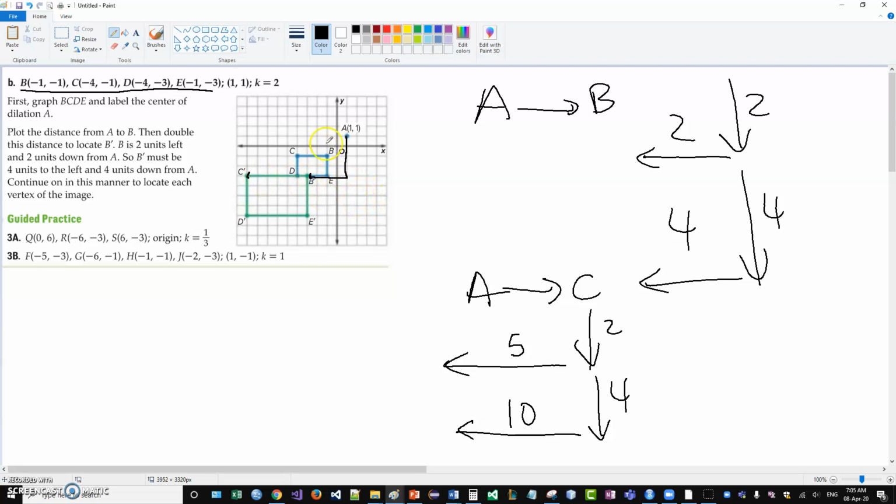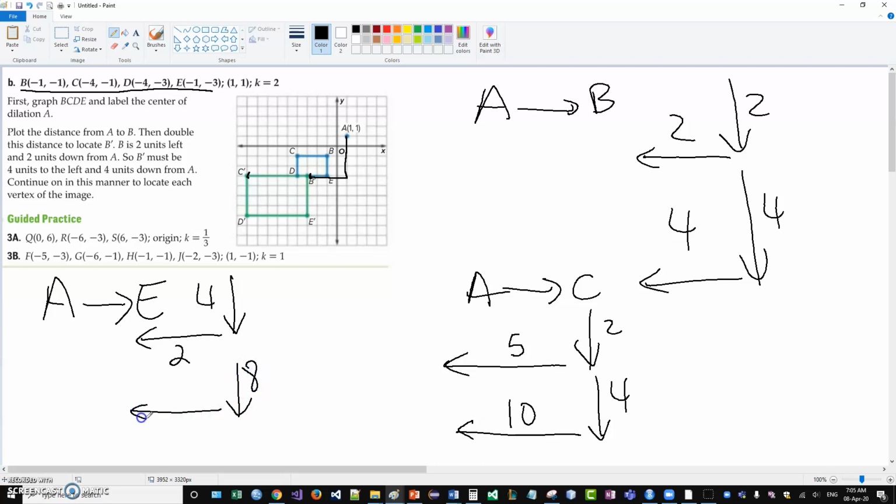Same thing for from A to E. From A to E, we're going down 1, 2, 3, 4, going down 4, and then left 1, 2. So this becomes 4 times 2 is 8, and 2 times 2 is 4.